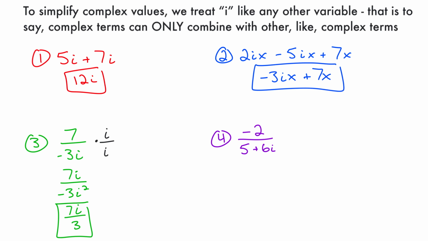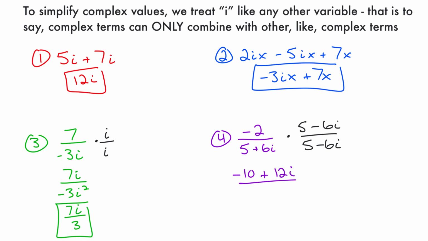But then problems like number 4 are a little different. When you have a binomial, you have to recall what we did earlier in the year. You have to multiply by the conjugate. I'm going to multiply top and bottom by 5 minus 6i over 5 minus 6i. When I multiply out the numerator, I'll get negative 10 plus 12i.